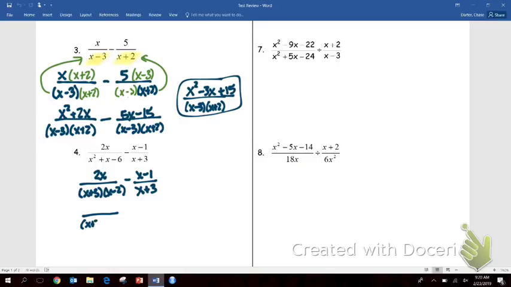The second fraction only has an x plus 3. So my common denominator is going to be x plus 3 and x minus 2.